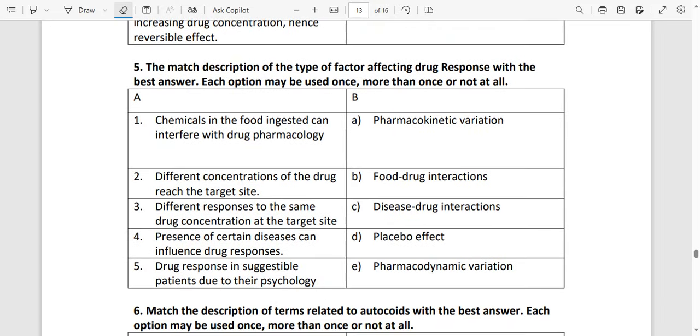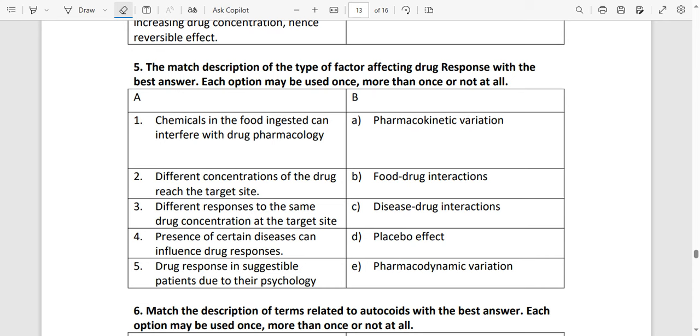We want to match the description of the type of factor affecting drug response with the best answer. Chemicals in the food ingested can interfere with drug pharmacology. Is that pharmacokinetic variation, food drug interaction, disease drug interaction, placebo effect, or pharmacodynamic variation?